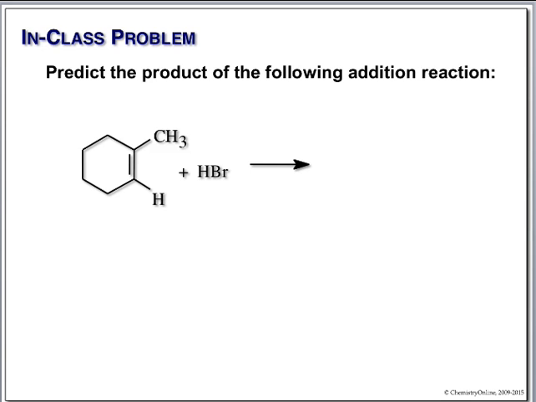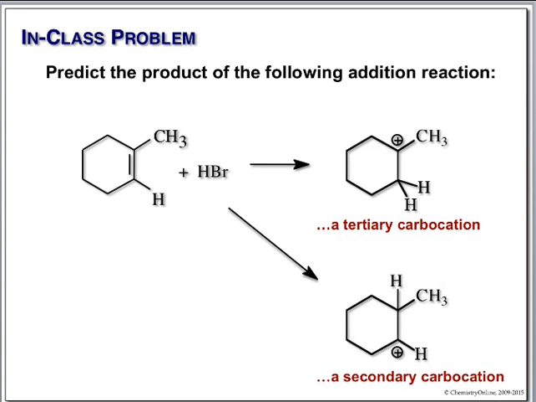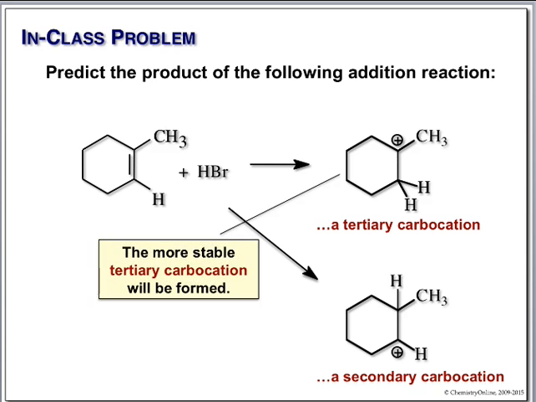There are two we could form. We could form this one, positive charge up here, proton down here, or we could form this one. We look at them and say, this is a tertiary, this is a secondary. Who's going to win? Well, the tertiary. So this is the carbocation that will be formed. It is more stable. It will be formed.